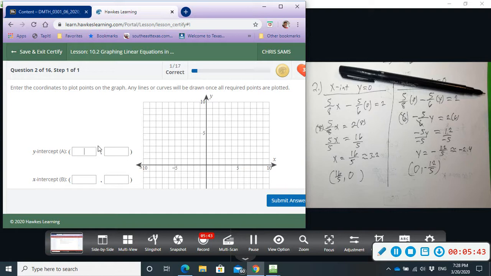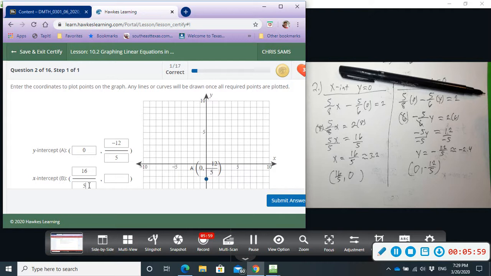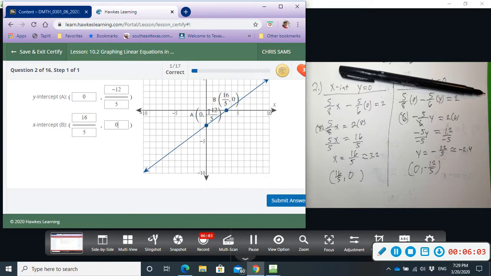So y-intercept 0, and then negative 12/5. Okay, and it plots the point for us. And then the x-intercept was 16/5 and 0. And then it just draws a line between those 2 points.